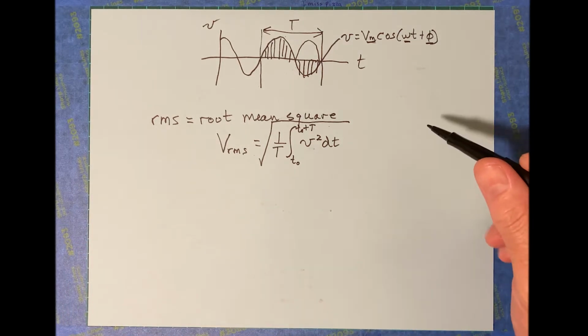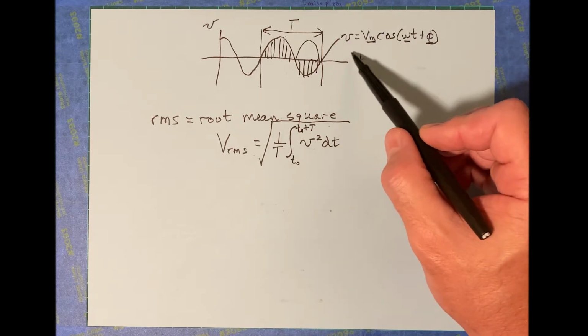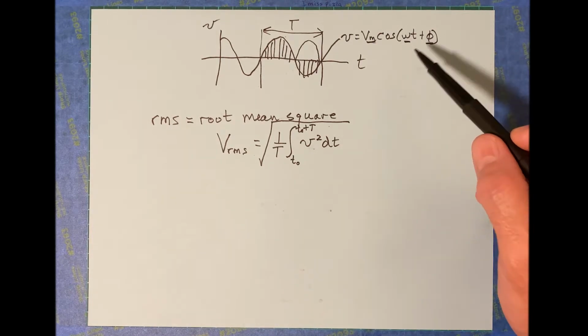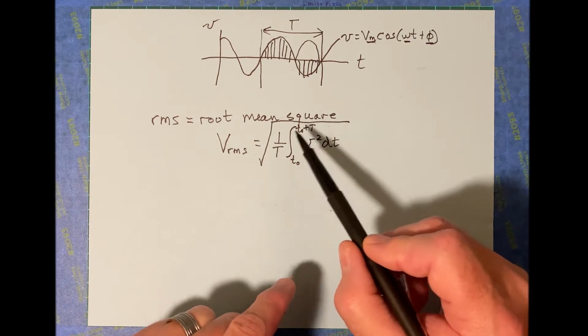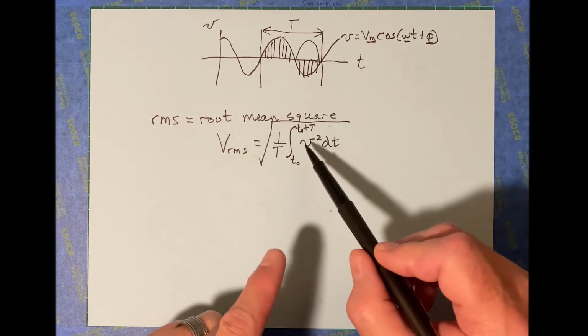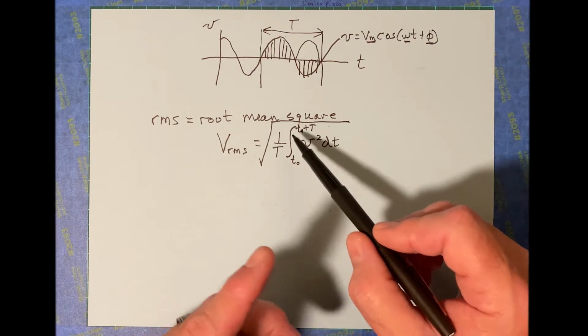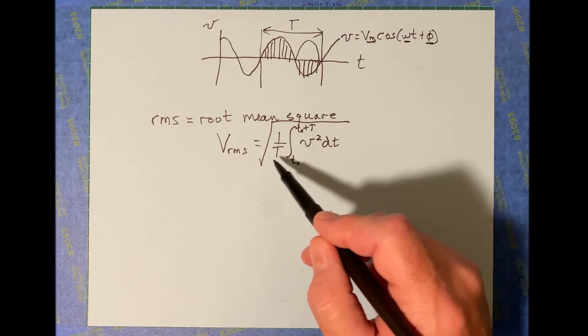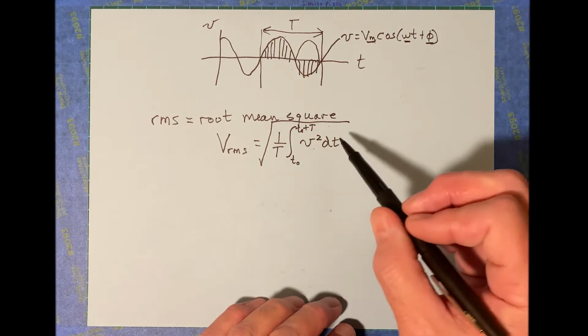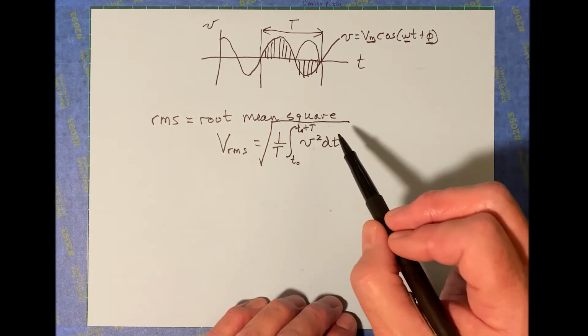All right. If you were to take this voltage function here and plug it in as V here, do the square, and integrate over 1 complete period, what's 1 complete period? From 0 to 360 degrees, or from 0 to 2 pi. And then figure out what that period is, and go through the mathematics of doing this.